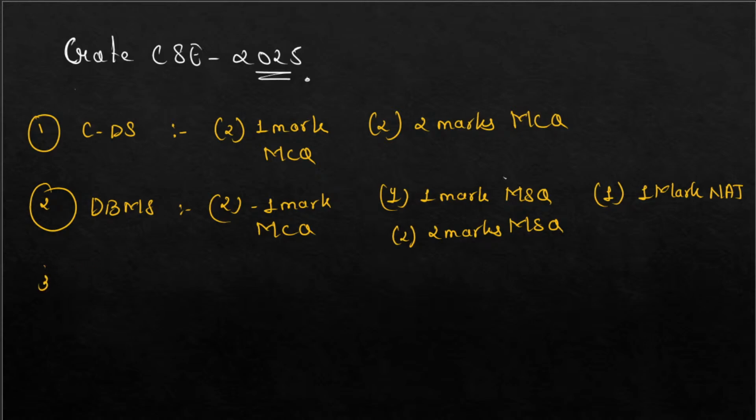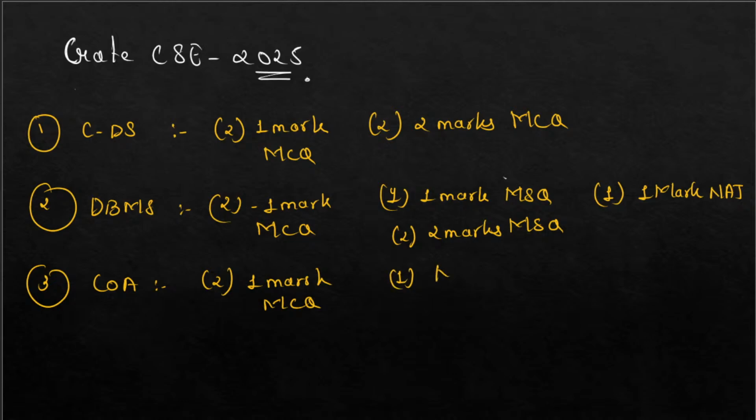Now if we talk about COA, 2 questions came for 1 mark, and these were MCQ type. 1 question came for 1 mark and that was of MSQ type. 1 question also came for 2 marks, which was of MSQ type.